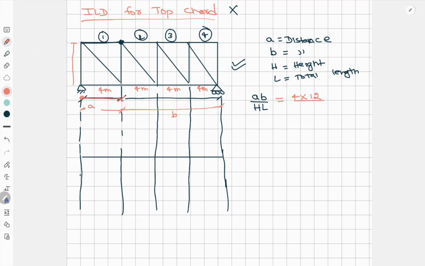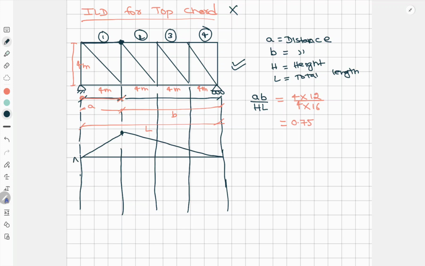Suppose this height is also 4 meters, so 4 into, the total length is 16. After solving this, we get a value of around 0.75. So 0.75 is for this point, and we have to draw like this and like this.